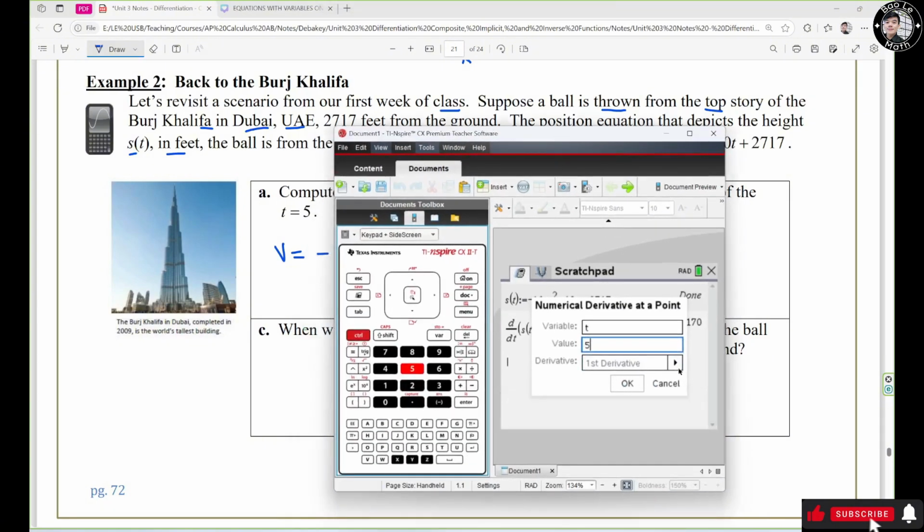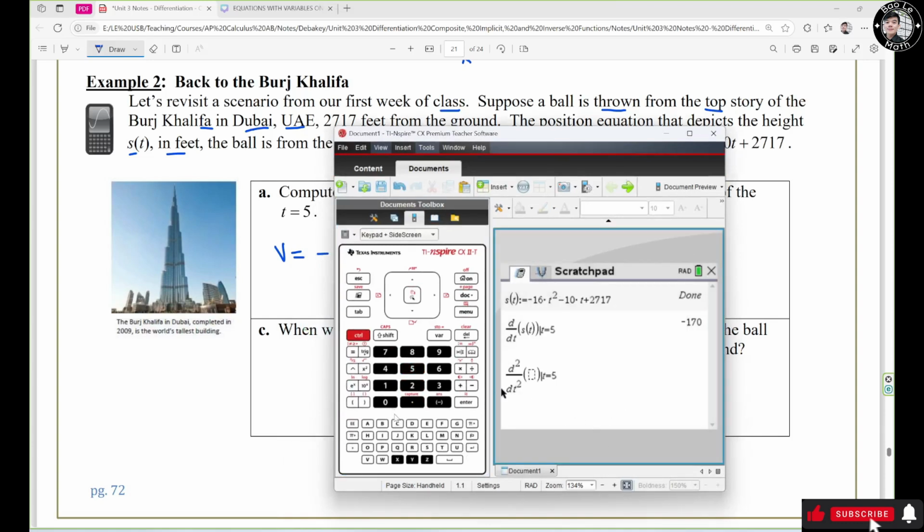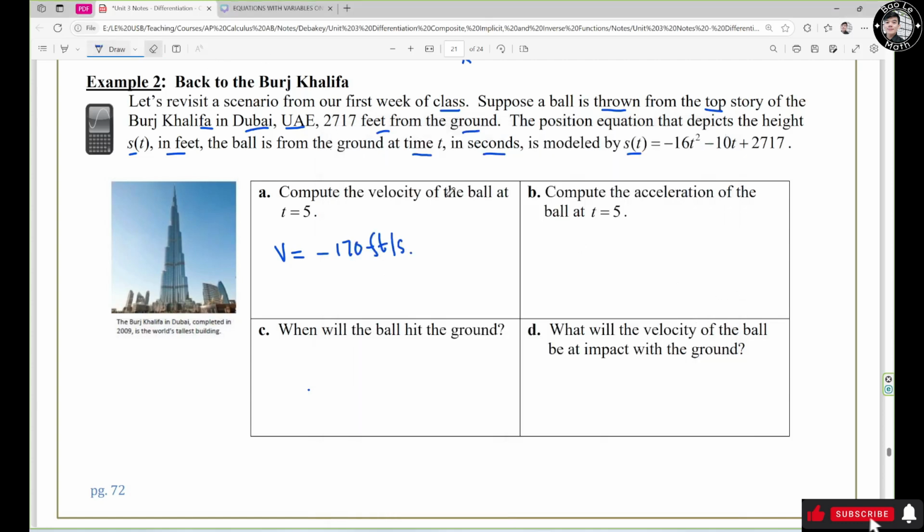Now I need to choose the second derivative right here. Hit OK, put s of t, then hit enter. The answer is negative 32, so the acceleration is negative 32 feet per second squared.